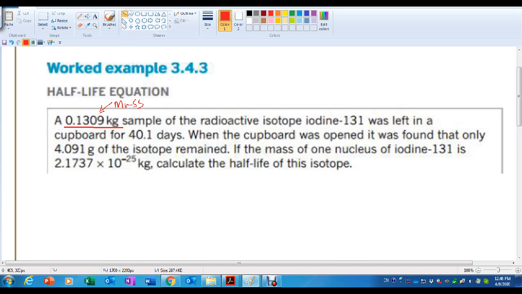41 days. Is that the half-life? No, we don't know the half-life, because the half-life is what you are going to find out. So that's just the time taken.